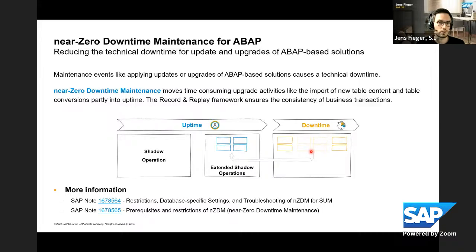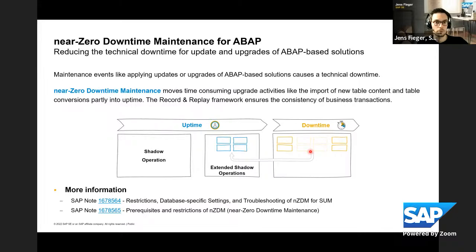For instance, the very, very large application tables are typically not considered by default to reduce the downtime, because you can imagine if a table is considered and handled in uptime handling, the table has to be somehow encapsulated for the different release versions.